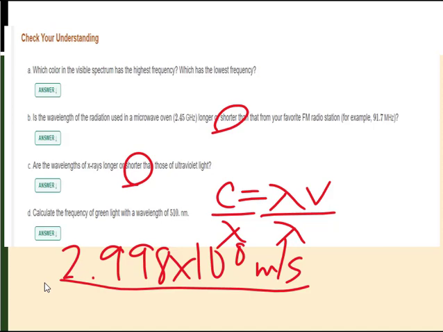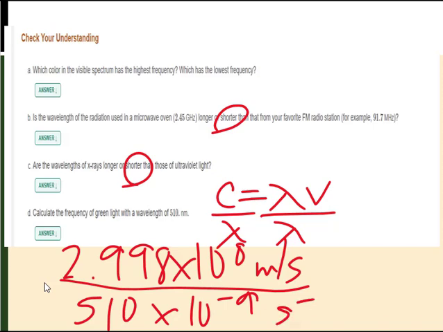So we need to convert nanometers, which is 10 to the negative 9th. Nano means negative 9, right? So 510 times 10 to the negative 9. And that's seconds inverse, or 1 over seconds.